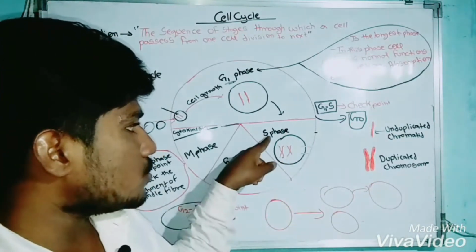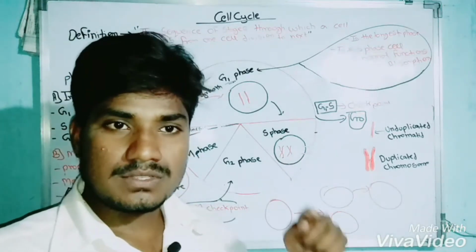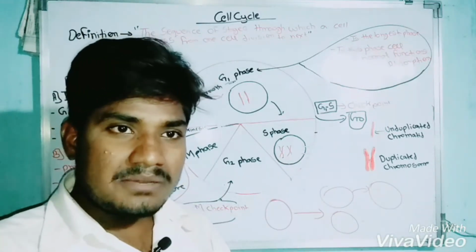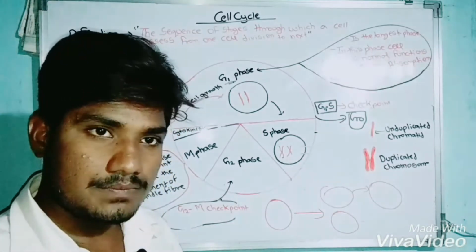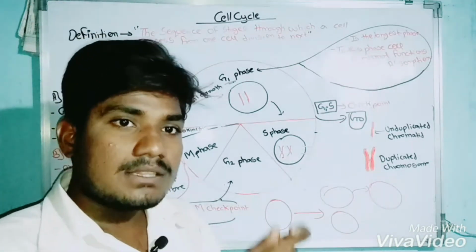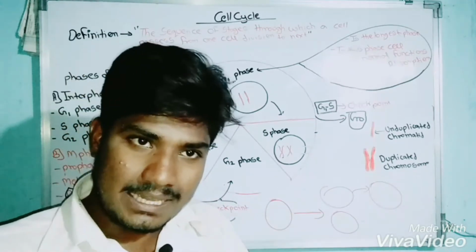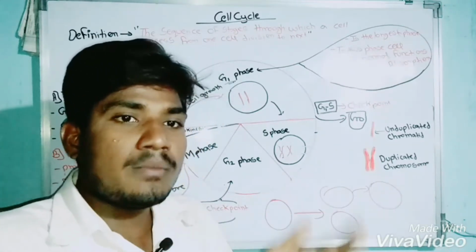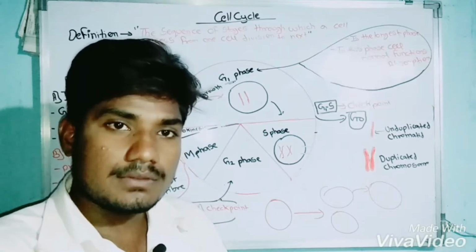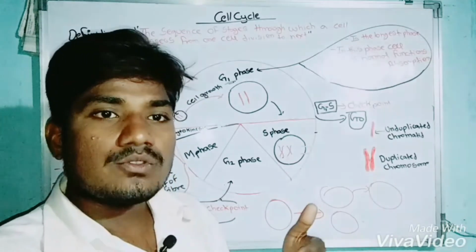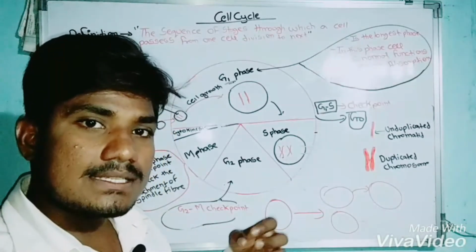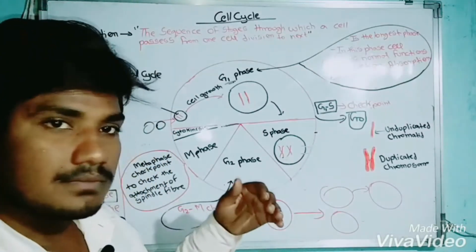So S phase is also known as synthesis phase because in this phase chromatin material gets duplicated or doubled. So in S phase the number of chromosomes remains the same but the amount of chromatin gets doubled because this chromatin is useful during cell division.